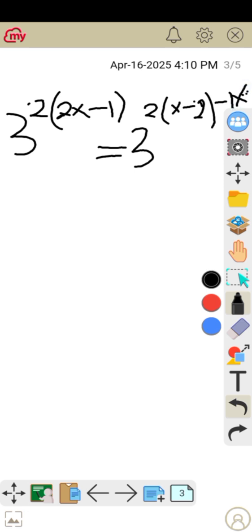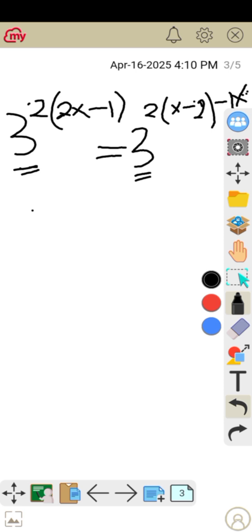So in this case, we have 3 as a base on the left hand side, and we also have 3 as a base on the right hand side. So both 3's will go since they are equal.